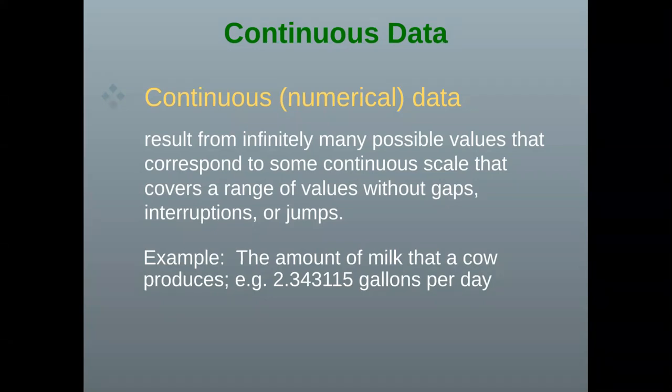Because if I say rounded to the nearest gallon, either they produce 1 gallon a day, 2 gallons a day, 3 gallons a day, 4 gallons a day, and so forth. Even though that data here, when we just say the amount of milk that a cow produces, that amount is continuous.